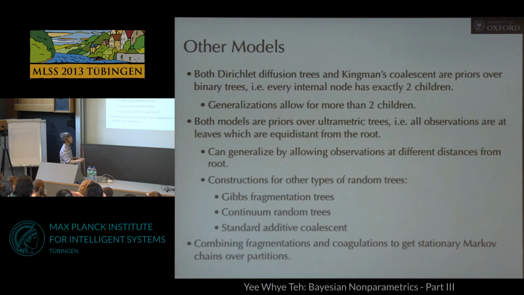We've worked on a particular example in which the stationary distribution is simply a Chinese restaurant process. You get that by combining the fragmentations from a Dirichlet diffusion tree with the coagulations from a Kingman's coalescence. If you put them together, you get a stationary distribution which is simply a CRP.